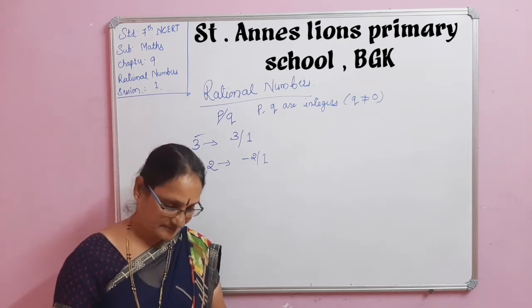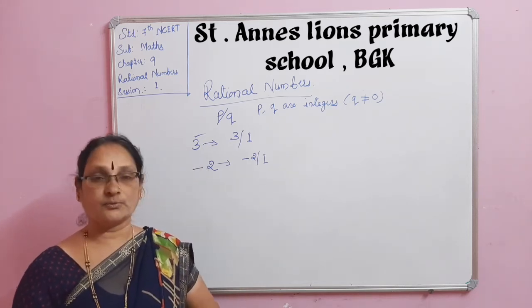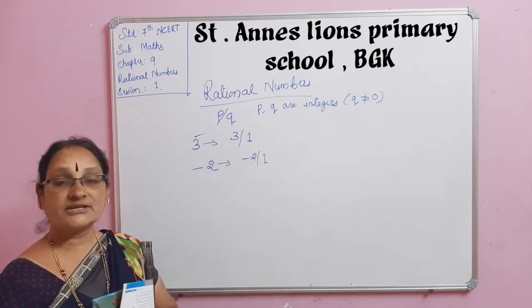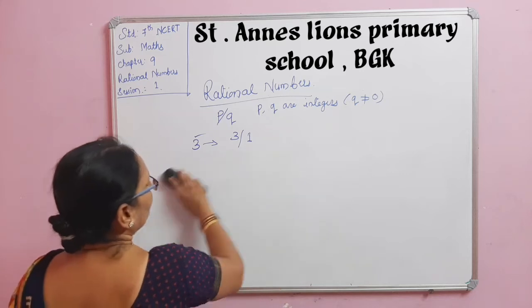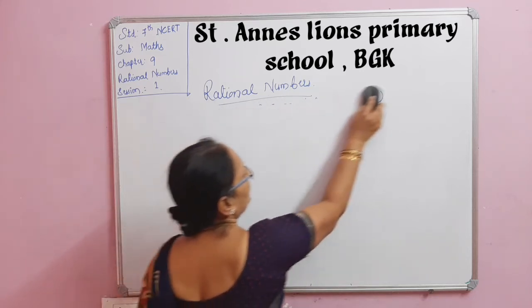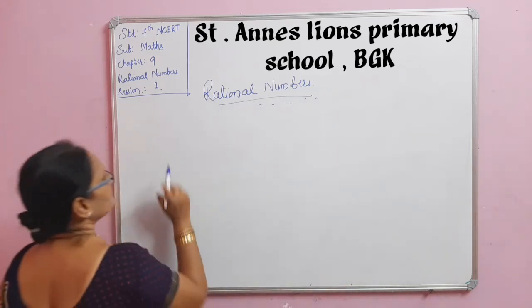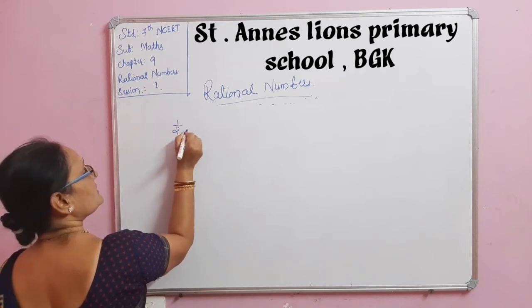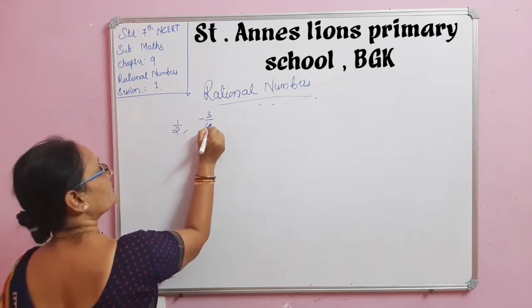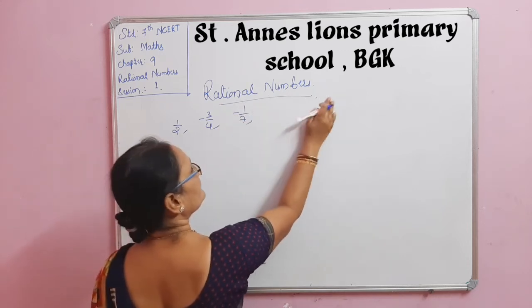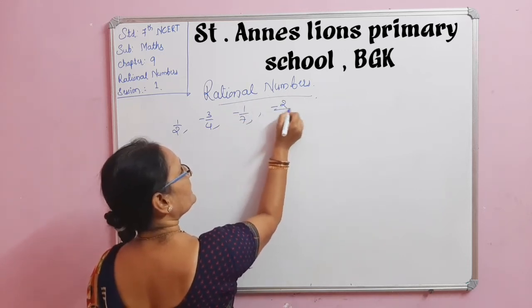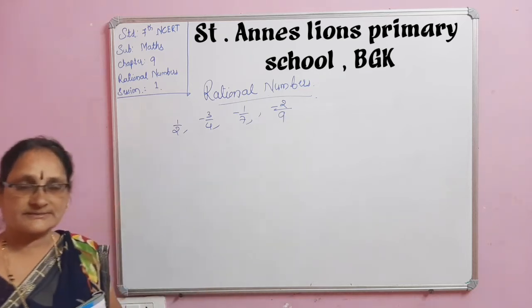After this I am going to explain one more point, that is equivalent rational numbers. First, let me show you some more rational numbers. 1 by 2 is a rational number, minus 3 by 4 is a rational number, minus 1 by 7 is a rational number, minus 2 by 9 is a rational number. These are all rational numbers.